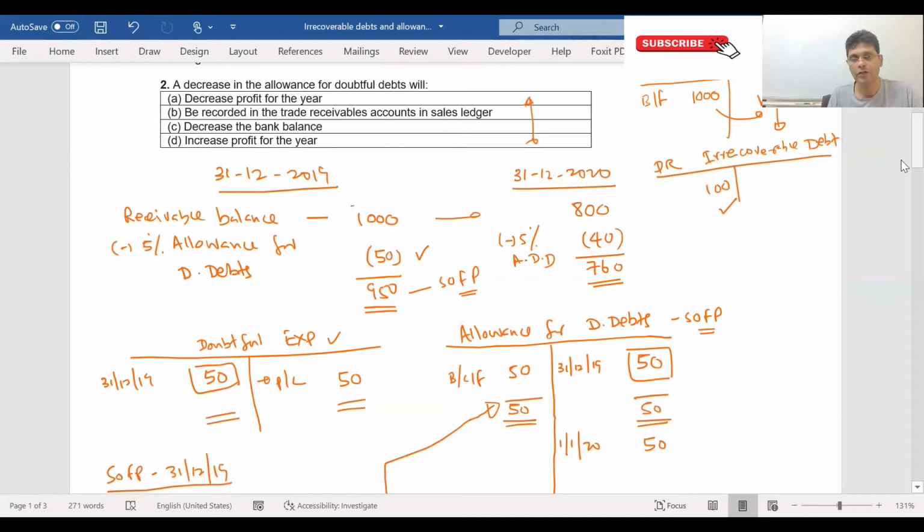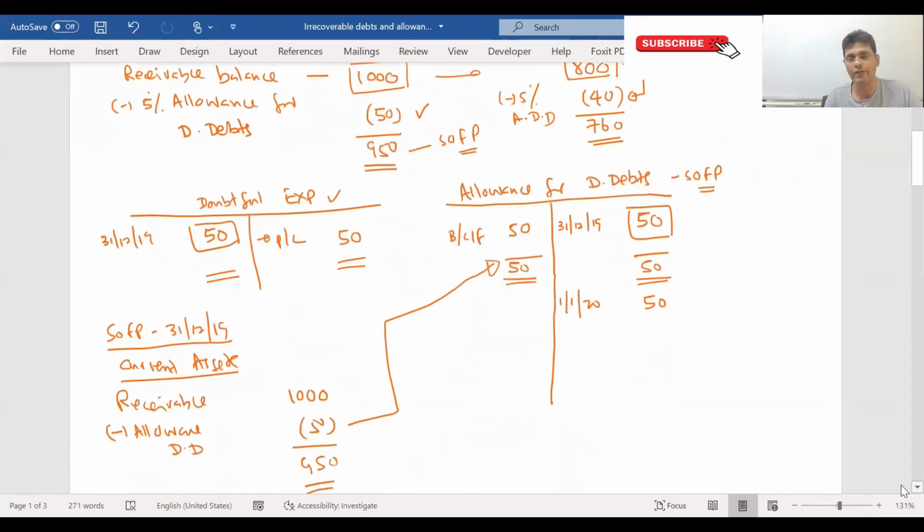Okay, now what has happened? You had a balance of 1000 and reduced to 800. So on this balance, we calculated the allowances for doubtful debts 40. Now, what is the impact? What will happen? We had an opening balance of 50 in the allowance for doubtful debts.